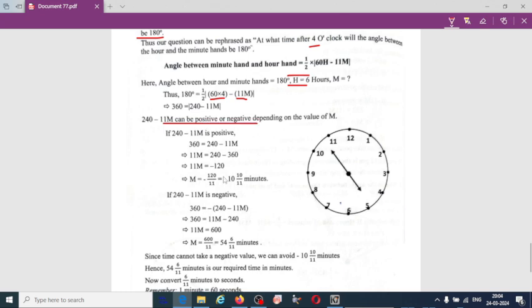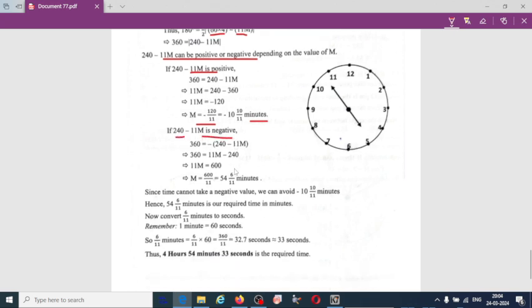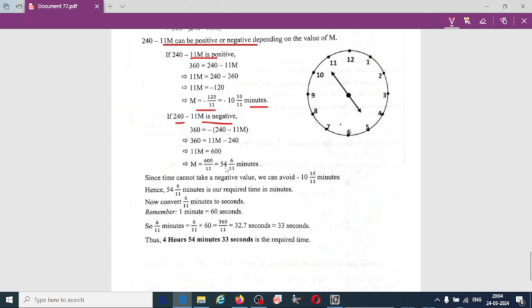Then for positive, if we take 360 is equal to 240 minus 11m, m is equal to how much, minus 120 divided by 11, you can write in fraction as minus 10 by 11. So in terms of fraction, if you take the negative value, then 240 plus 360, you should add these two.